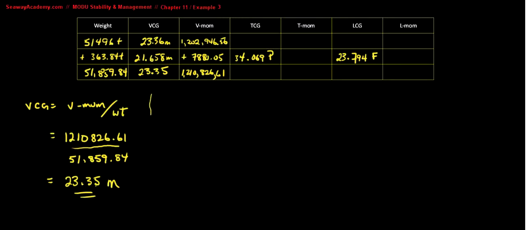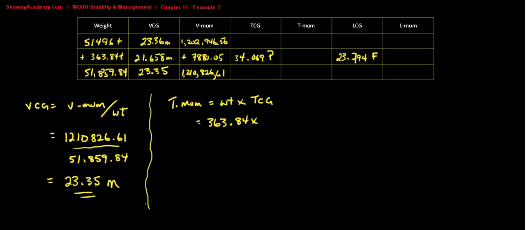So next we need to calculate our transverse moment. The formula for our transverse moment is the weight times the transverse center of gravity for tank number 33. The weight is 363.84 tons.